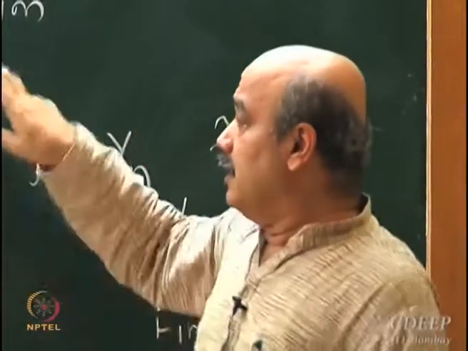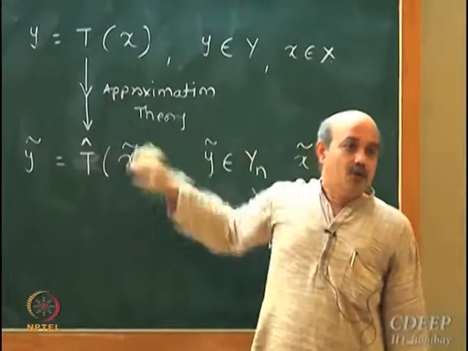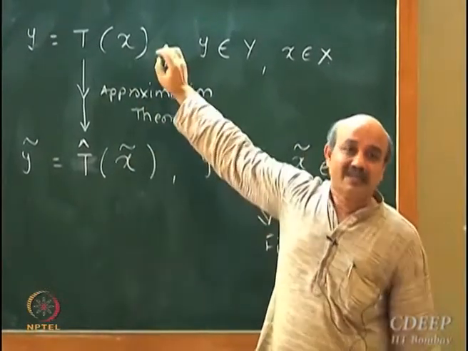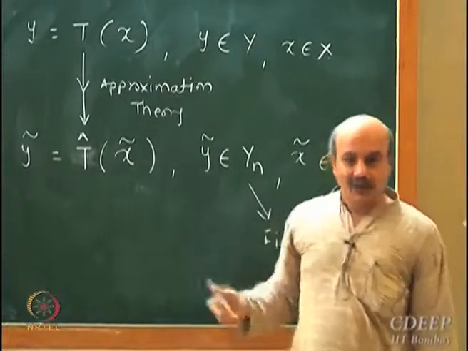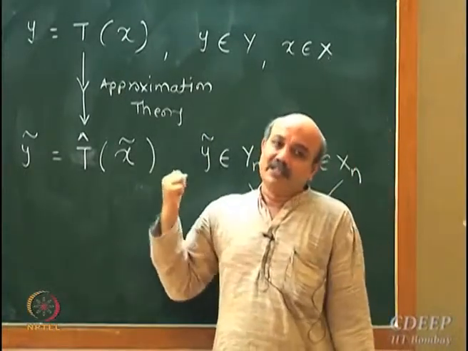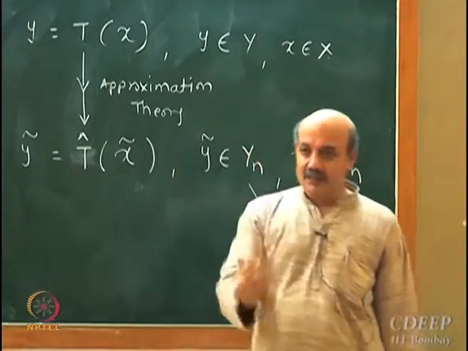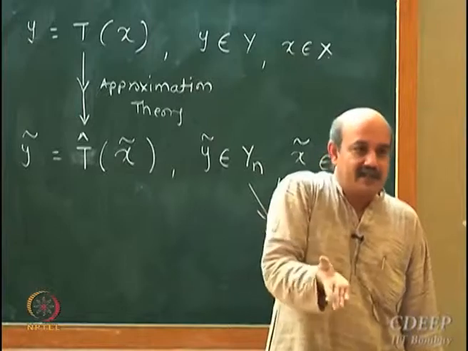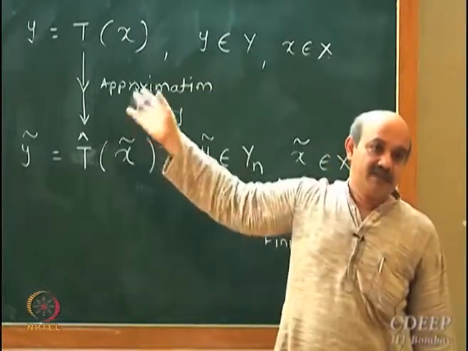The proof of the pudding is whether x tilde is close to x. Does it make sense? In a real situation, you never know what the true x is. But since you are an engineer, if you look at the solution, you can make out whether it makes physical sense or not. As an engineer, as a scientist, as a physicist, you can make a judgment and decide whether your method is giving reasonable results.